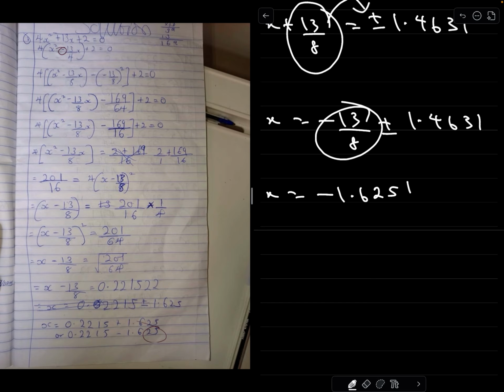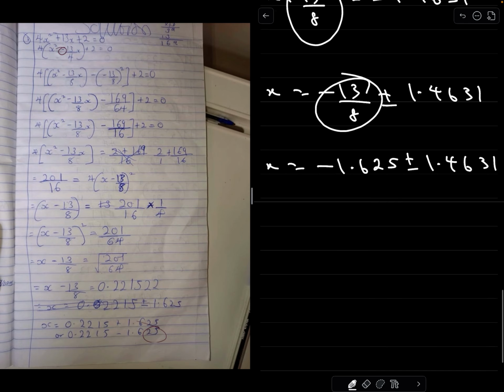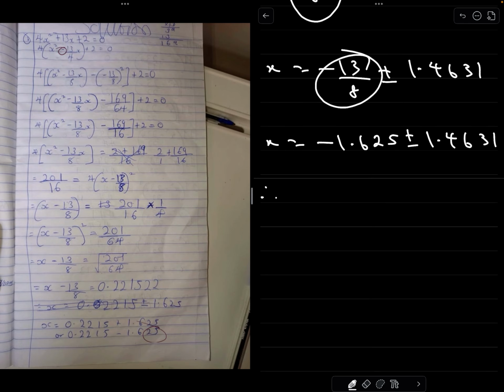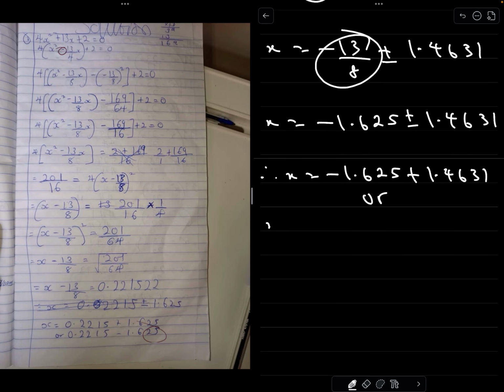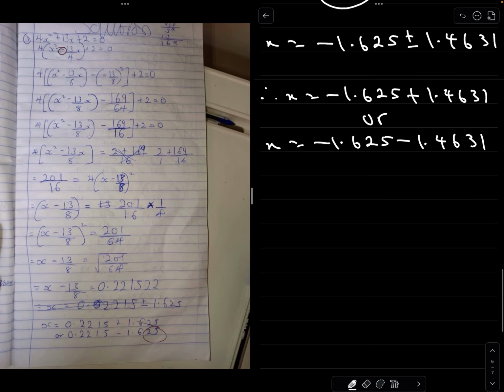So x equals minus 1.625 plus or minus 1.4631, which therefore means x equals minus 1.625 plus 1.4631, or x equals minus 1.625 minus 1.4631.